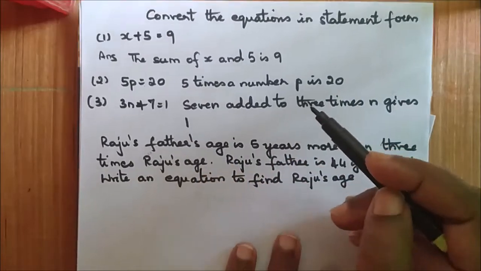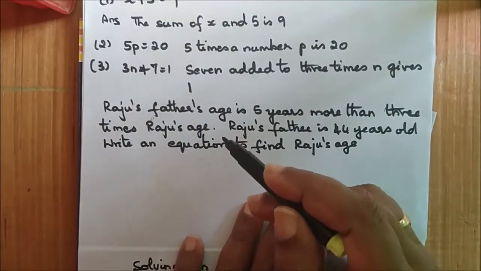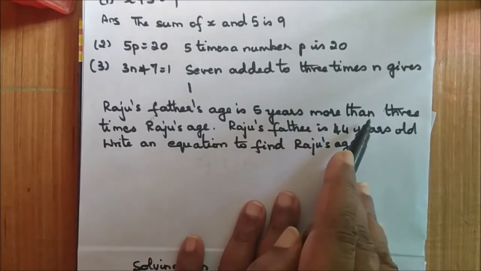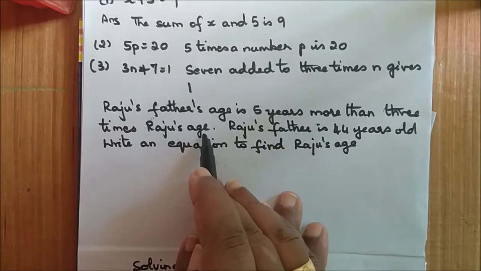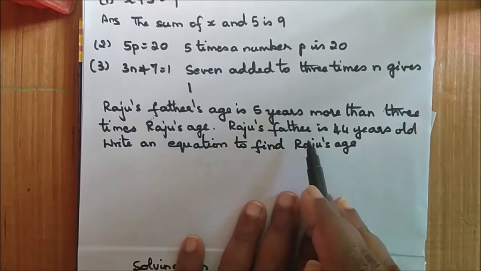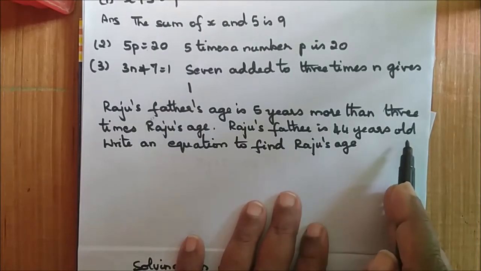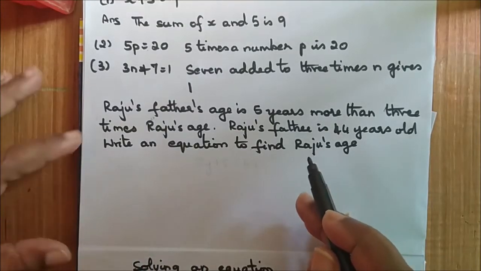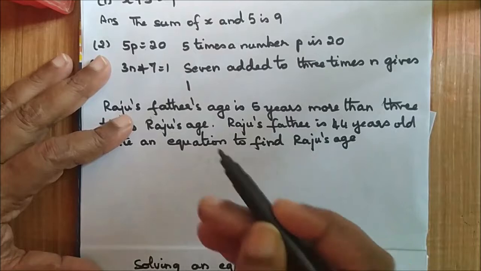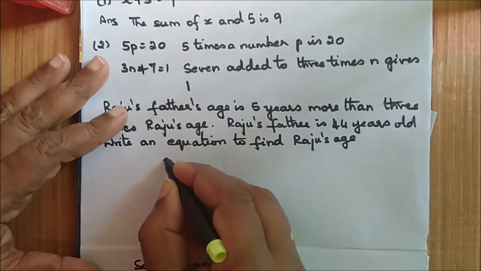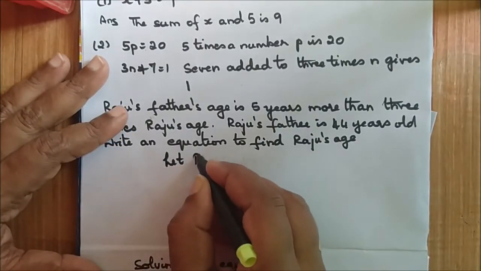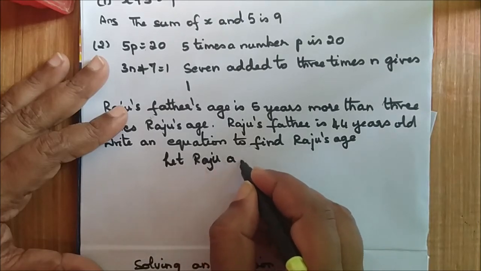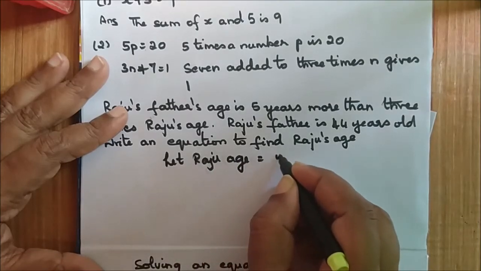Now let us solve this problem. Raju's father's age is 5 years more than 3 times Raju's age. Raju's father is 44 years old. Write an equation to find Raju's age. In this case, we can assume, let Raju's age be y.